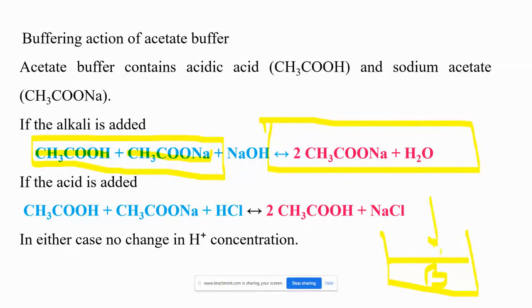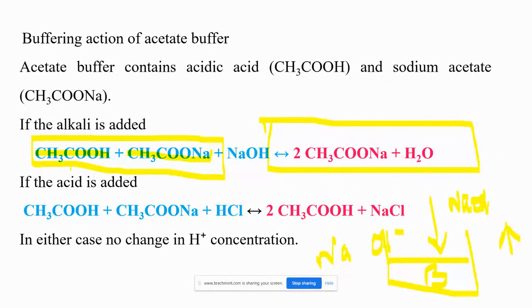Then with that you are going to add sodium hydroxide. Sodium hydroxide dissociates into sodium and hydroxide, so the hydroxide ion concentration is increasing, which means the pH will also increase. It takes the H plus ion, and that increases the pH by decreasing the H plus ion concentration. Can you follow?